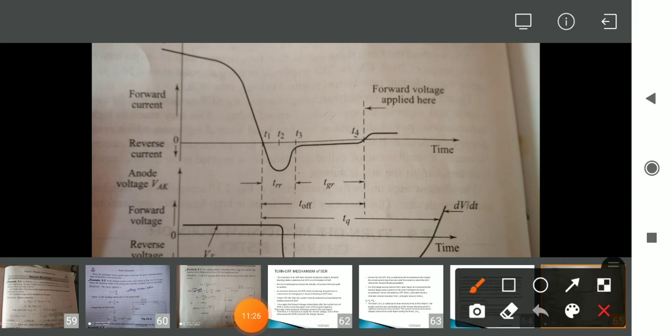If I apply zero current and reverse voltage, it will take some time. So whatever process is taking place between the time t1 to t4, that is from here to here, if I make my anode current 0 immediately, it won't turn off because of the presence of charge carriers. So it will take some time. That time is in terms of nanoseconds. Immediately, in a fraction of a second, it will happen. So that is explained in T1 to T3, that is the reverse recovery time, and TGR is the gate recovery time.